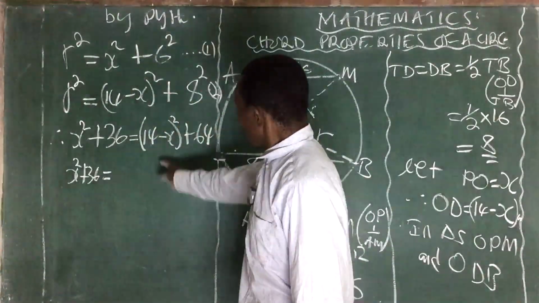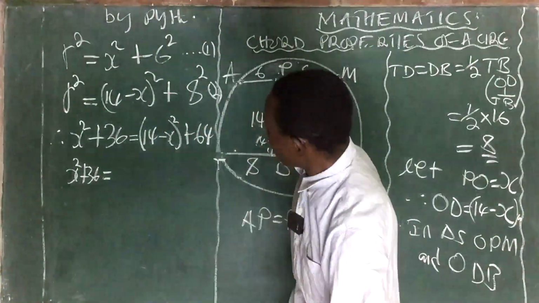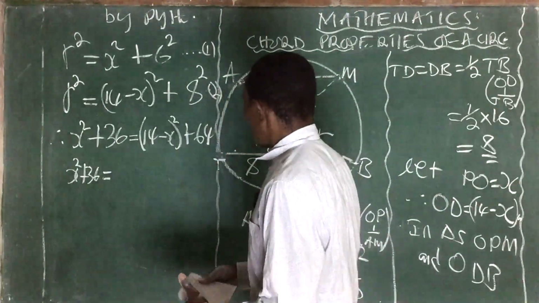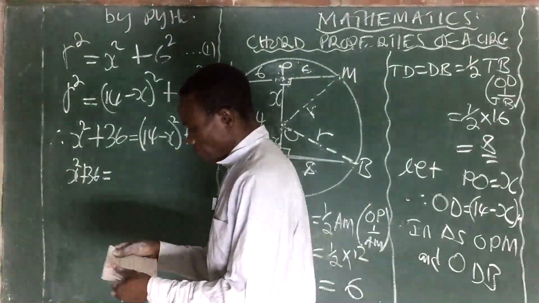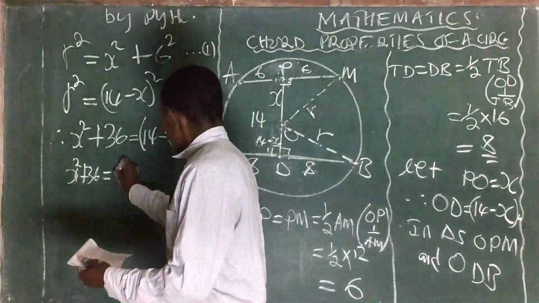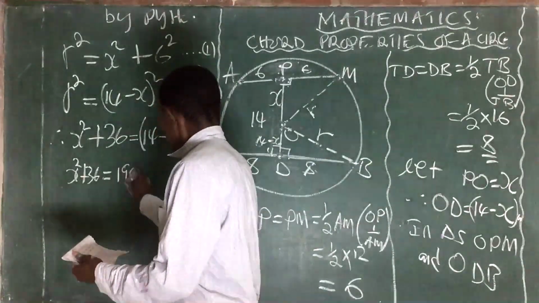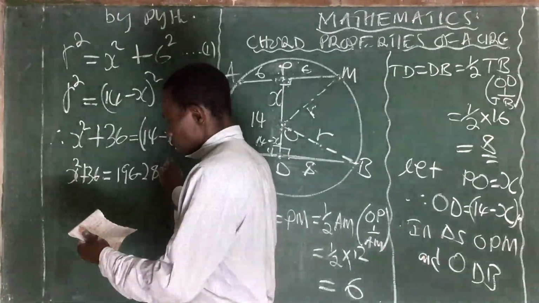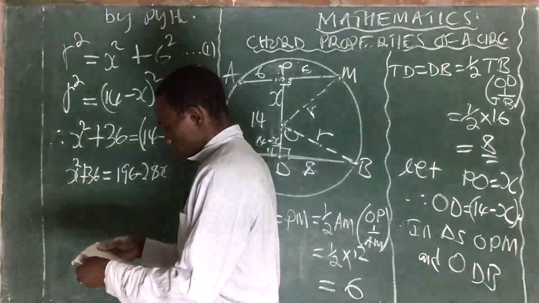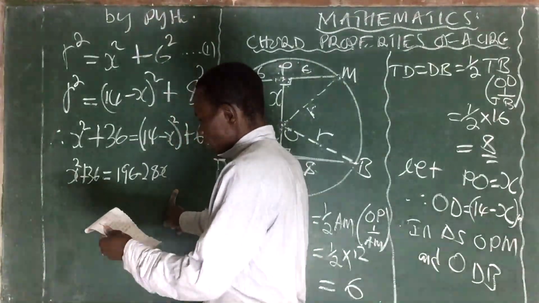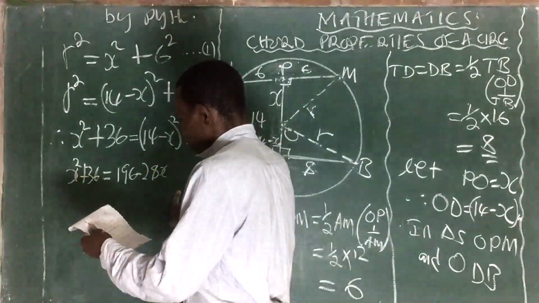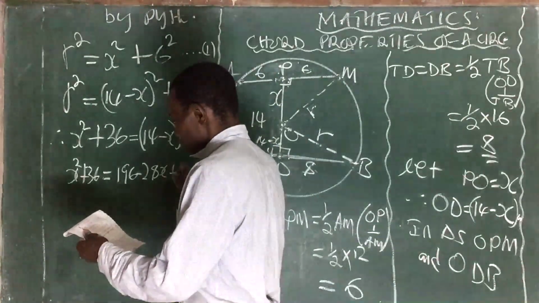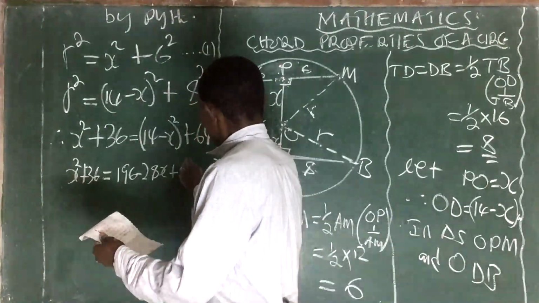equal to, if we're going to expand this one, because of time, we can just move as quickly. I've already done that one out for you. What we get for that is 196, minus 28x, then plus 64.